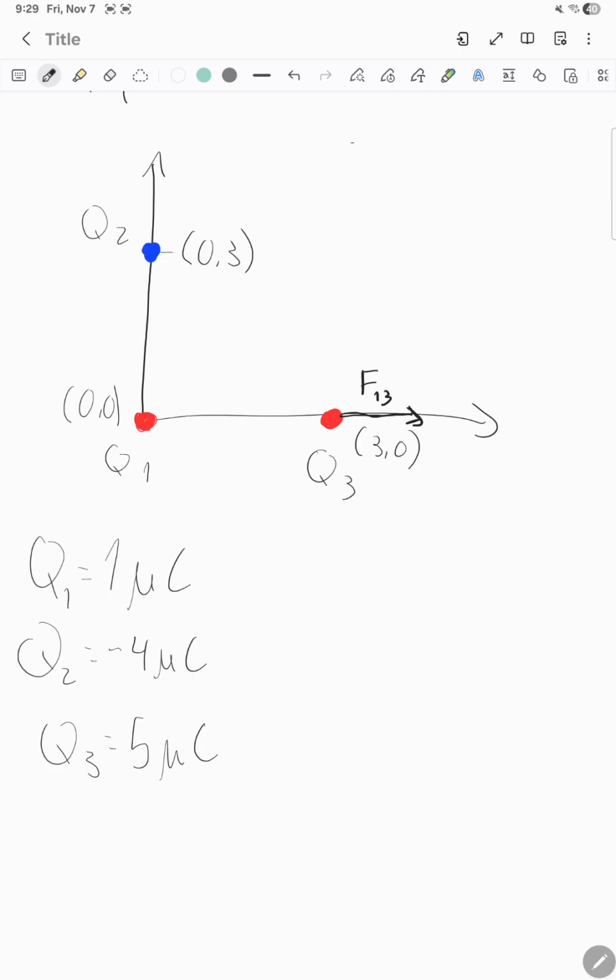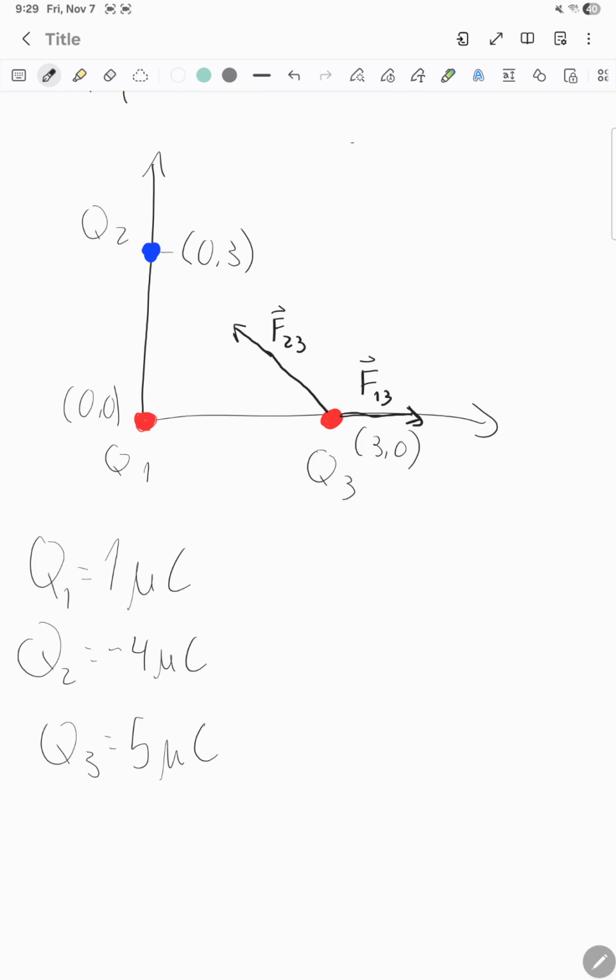And then we have another force like this, because it is attracted towards Q2, in a force called F23. These are vectors, I guess.